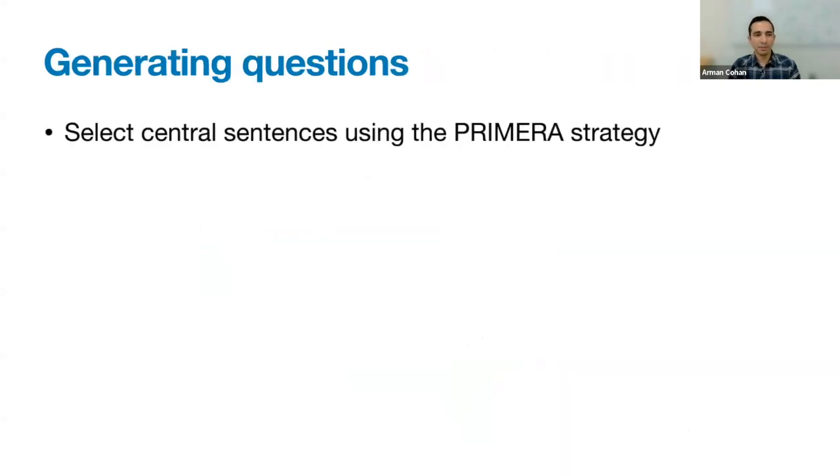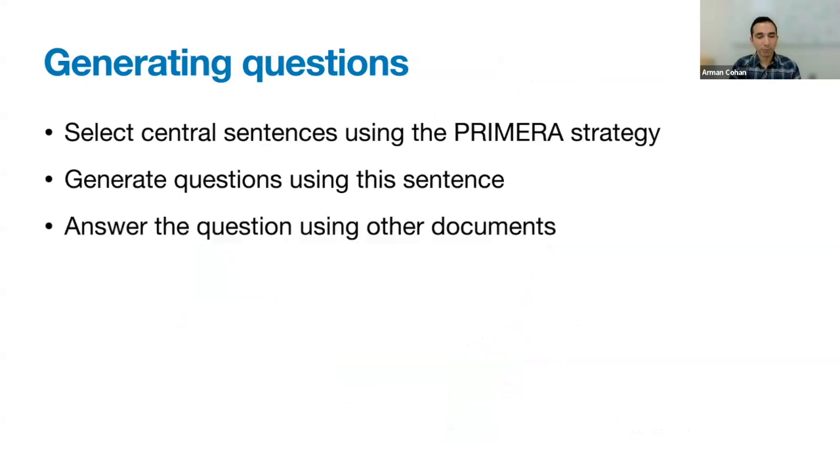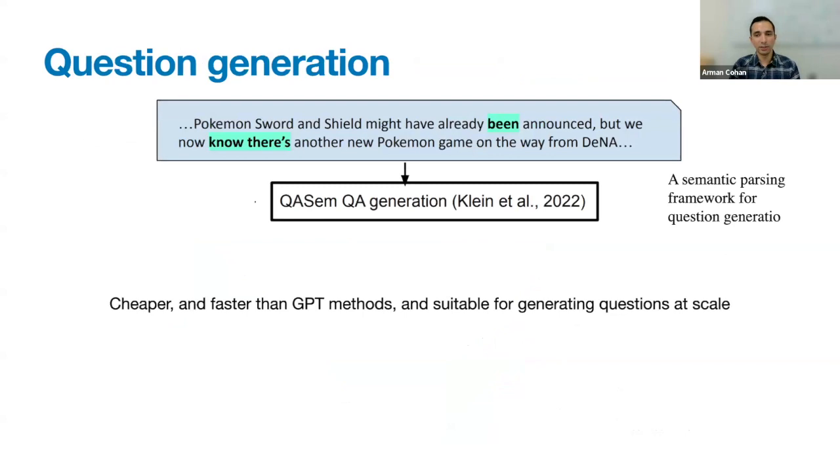So there are some details about this. For example, you can select central sentences from which you generate the questions using the Primera strategy that I discussed before. And then we answer the question using the other documents. How did we do question generation? There is a lot of work on QA generation.